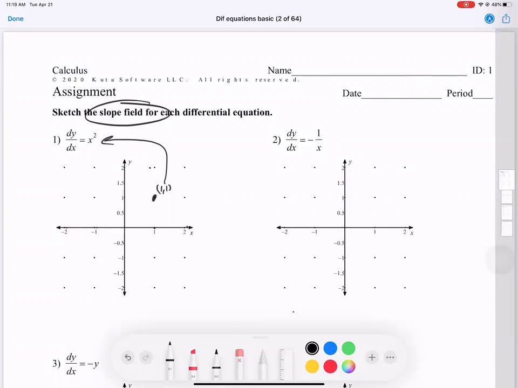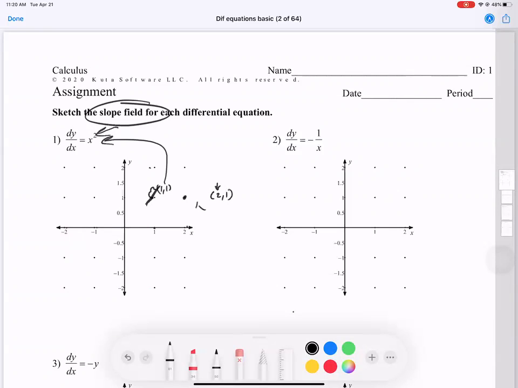So we draw a line representing that slope. What does a slope of 1 over 1 look like? It looks like up 1 over 1, and that is my slope line. If I pick a different point, let's pick a point over here, this is point 2, 1. The slope here is just x squared, so we only take the 2, because that's the x value, and we graph the slope.